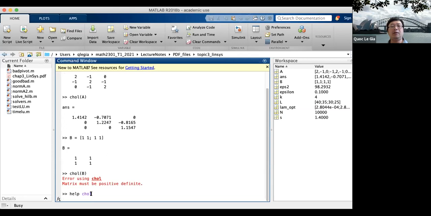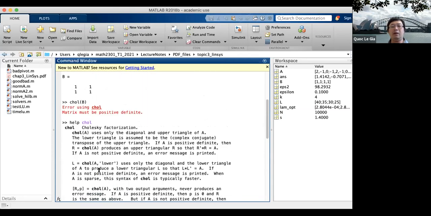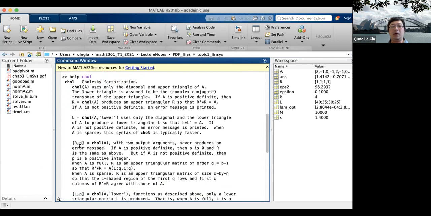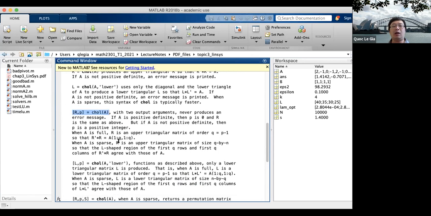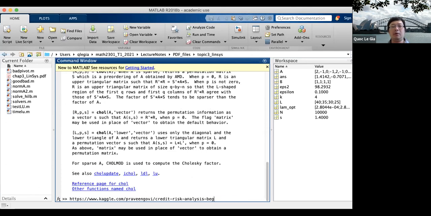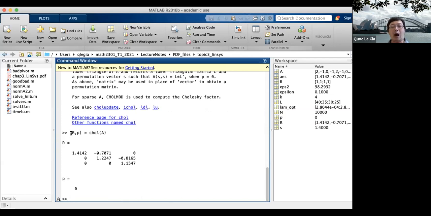If you type help CHOL, it can give you R comma P. If A is not positive definite, then P will be a positive integer. So suppose I say R, P equal Cholesky of A. You see that R is given by this upper triangular matrix and P equals 0.